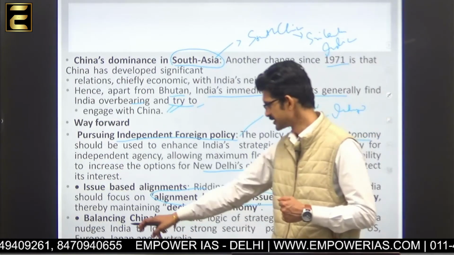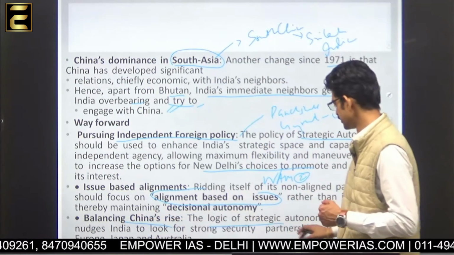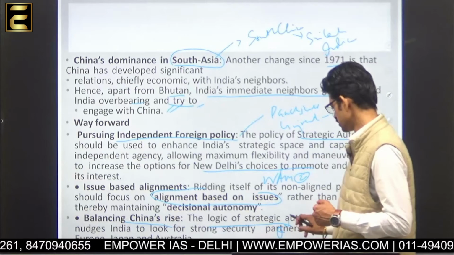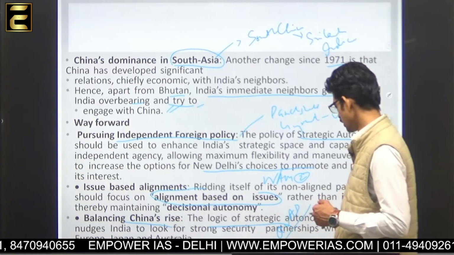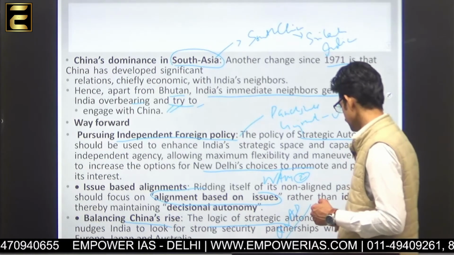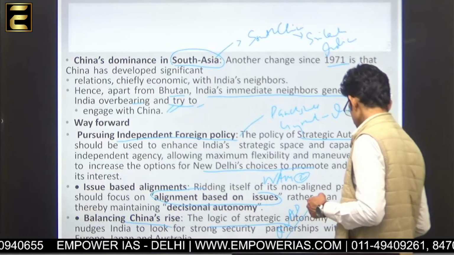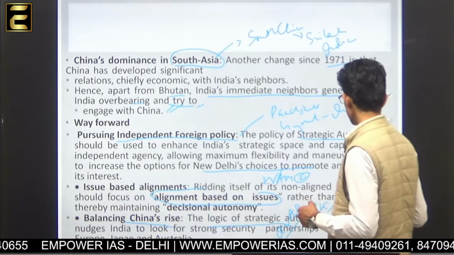Further, balancing China's rise is needed by pushing the Quad and RIC, Russia, India, China, plus BRICS and also BIMSTEC.